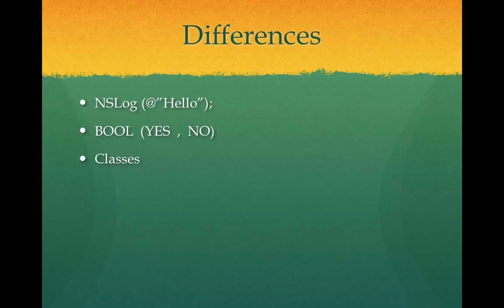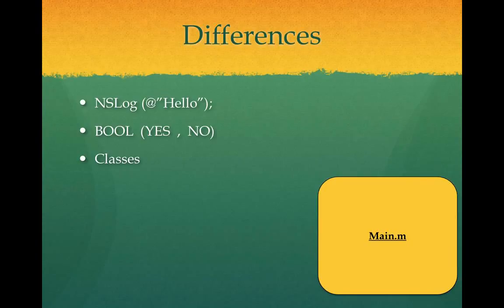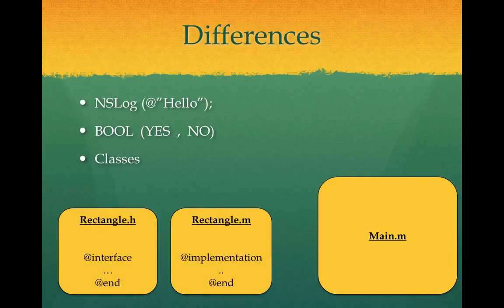So we've mentioned before that we have a main class, and if we want to create a new class, we called it Rectangle last time, you have to create two files for that, a .h and a .m file. The first one with @interface and the second one with @implementation.